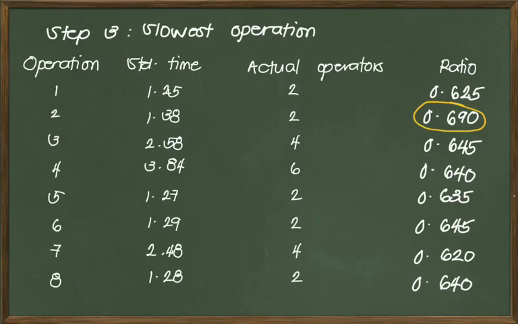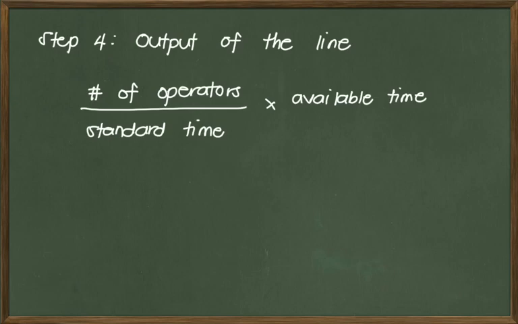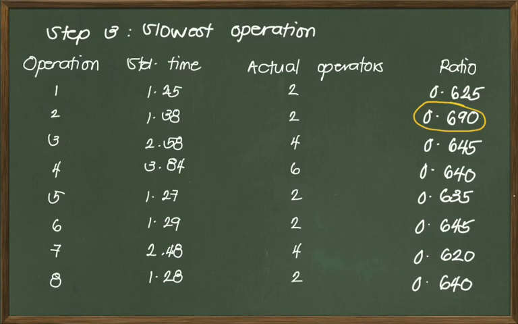Once we identify the longest operation of the line, we now go to the fourth step, which is the determination of the output of the line, using the formula: the number of operators of the longest operation divided by the standard time, multiplied by the available time. Looking back, our operation 2, which is the longest operation, has 2 operators, and the standard time is 1.38. Take note that the total available time is given in minutes as well, which is 480 minutes.